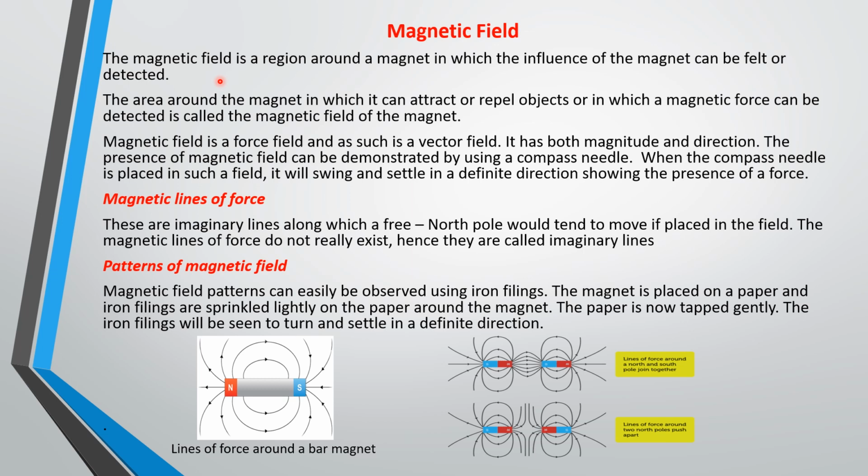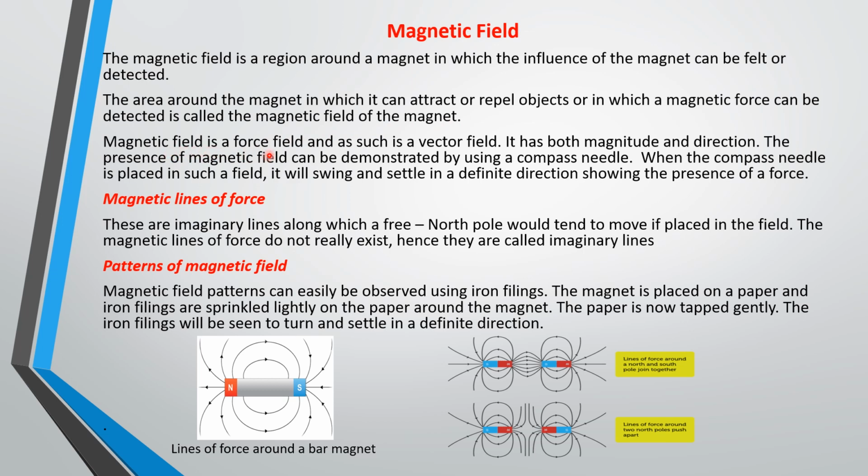So the region around that magnet where you can feel the effect of that magnet is what is called the magnetic field of the magnet. It is also the area around the magnet in which it can attract or repel objects, or in which a magnetic force can be detected.